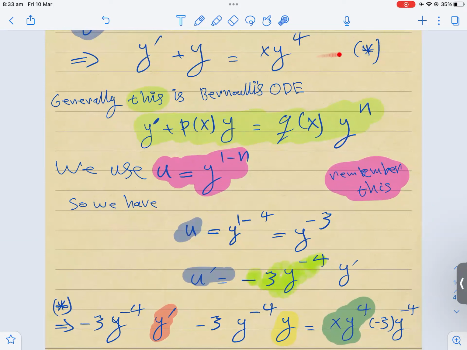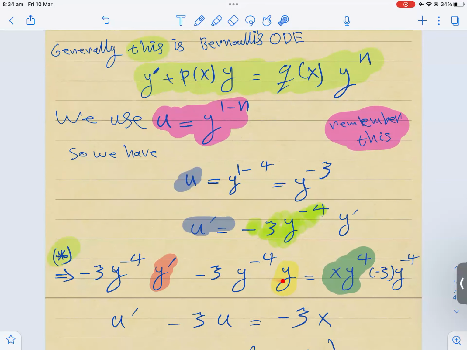Do you see this star here? So I will multiply the star by minus 3 times y to the minus 4. Again, I'm telling you that you don't have to memorize everything. If you write it, you will discover what you want to multiply it by. So I will multiply this star by this highlighted green, and I will get this one, this one, this one.